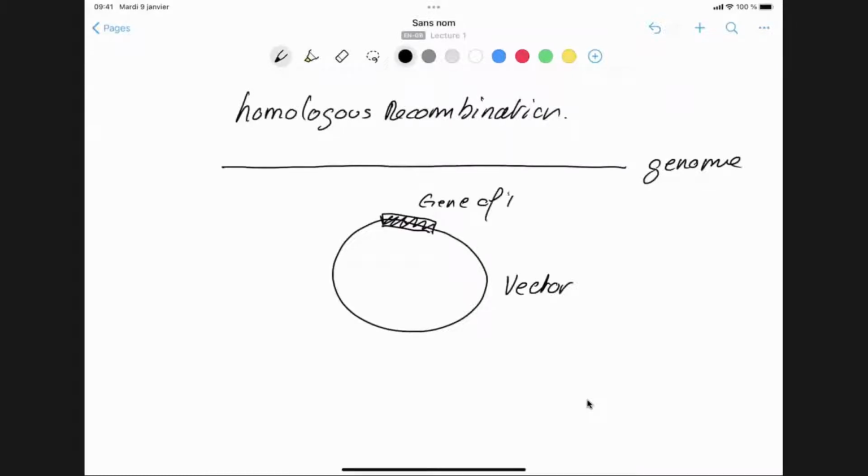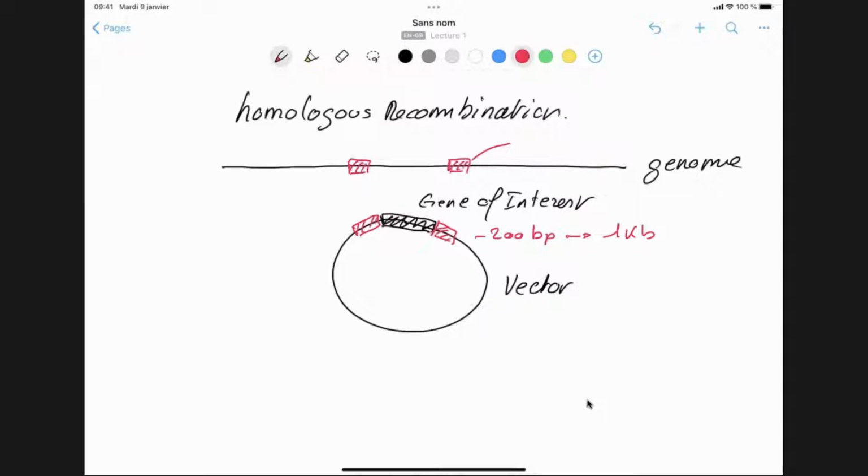On both sides of the gene of interest, we add sequences that can be around 200 base pairs, or up to 1 kb. 200 is more than enough. These sequences are completely homologous to two sequences that we know in the genome. We know exactly where they are because you choose them.